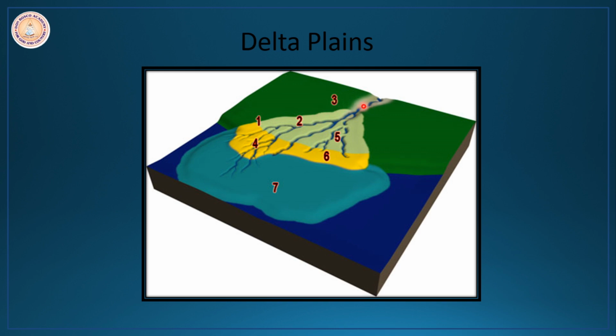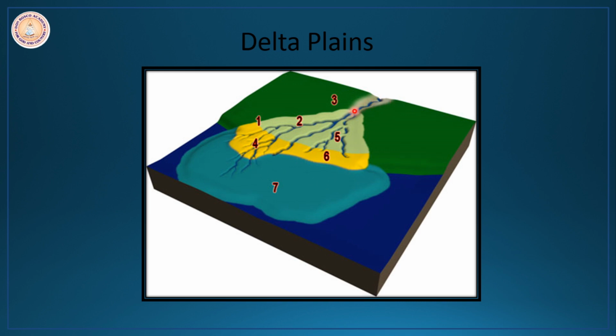Here the river flows very slowly due to the excess load which it is carrying. A large amount of silt is being deposited every year during the floods, and the soil gets replenished.